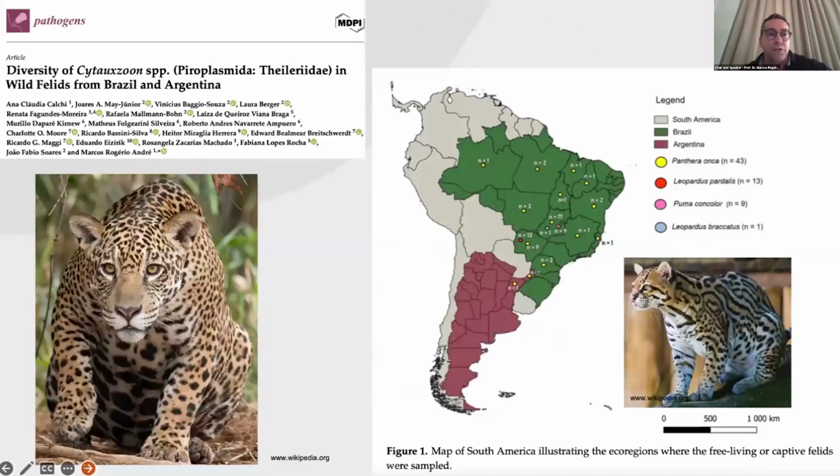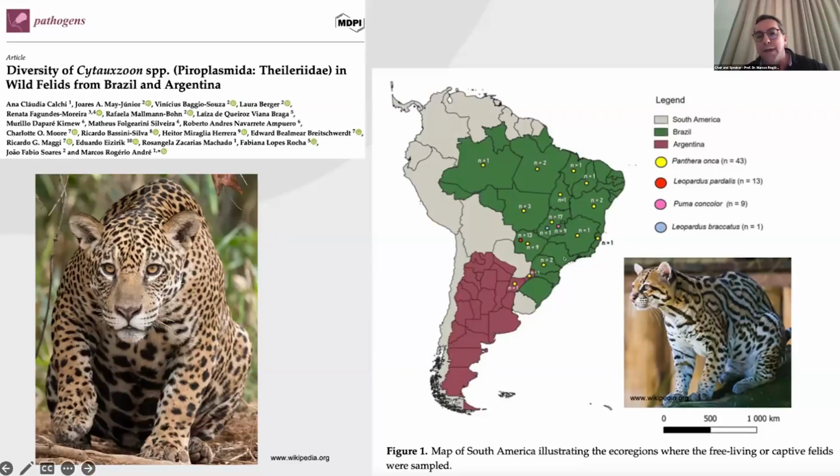So we tried to expand our knowledge on this diversity of Cytauxzoon in jaguars from Brazil. Jaguars are very beautiful wild felids, and these are ocelots.